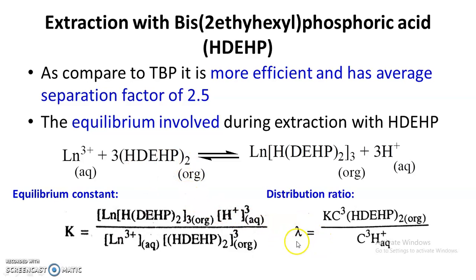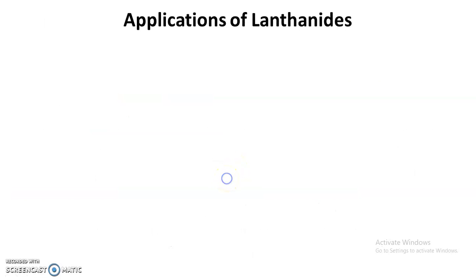Similarly, the distribution ratio lambda is equal to K, the equilibrium constant, into the concentration of solvent upon the concentration of H plus. In this way, bis 2-ethyl hexyl phosphoric acid is one of the efficient solvents for the extraction of lanthanide ions from the mixture.